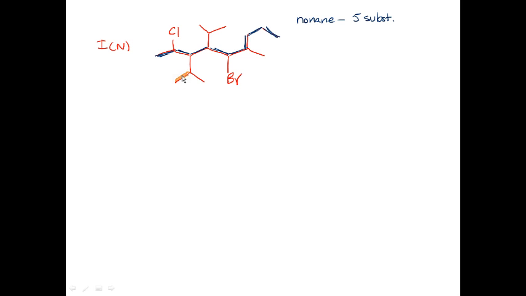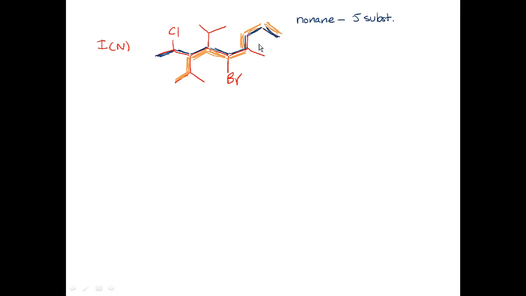So 1, 2, 3, 4, 5, 6, 7, 8, nine. Sorry, that's a 9 carbon chain. So the orange one here is 1, 2, 3, 4, 5, 6, 7, 8, 9.